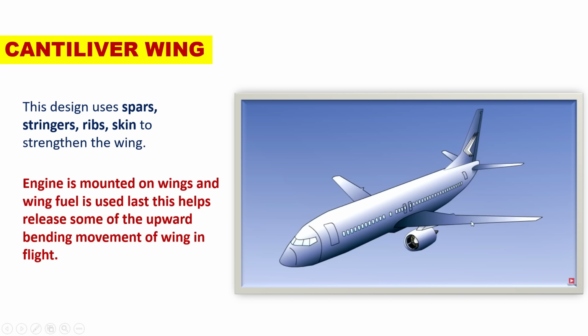See, in flight the wings will be bent upwards, right? As we've seen in the videos and in the previous part, the wings will be bent upward. So we attach the engines on the wing, and now the upward bending moment will be less. And we also add fuel to the wing, so there will again be less upward movement of the wing, right?